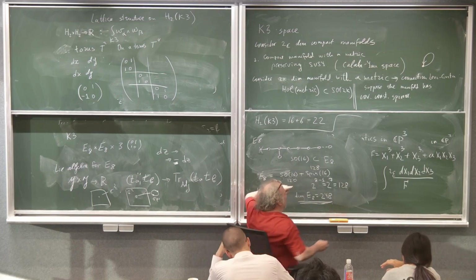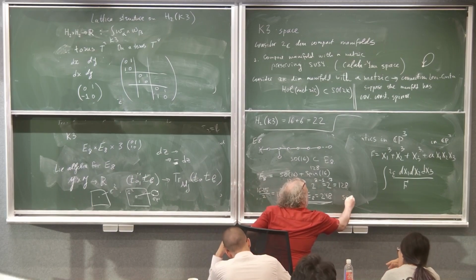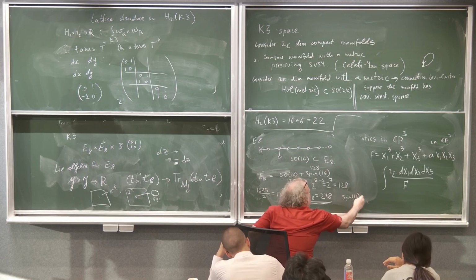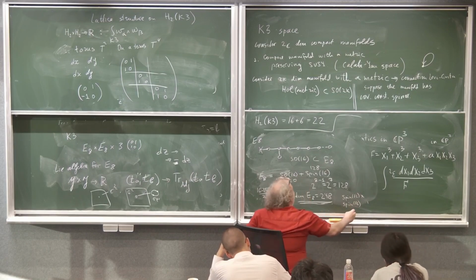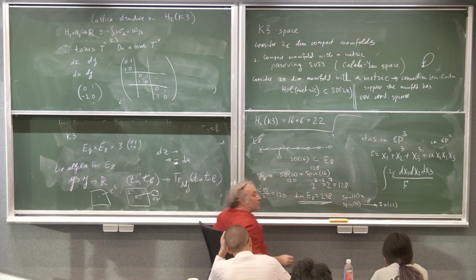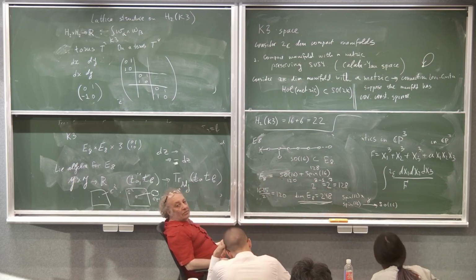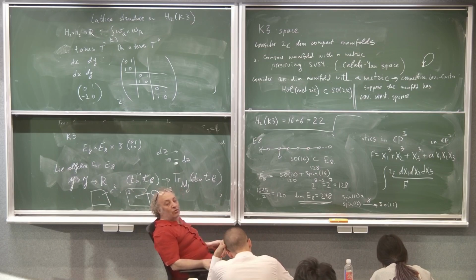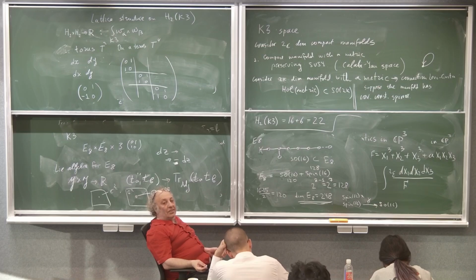And spin 16 times spin 16 goes to SO16 using gamma matrix. So that's it. In this way, I describe E8 in classical terms.